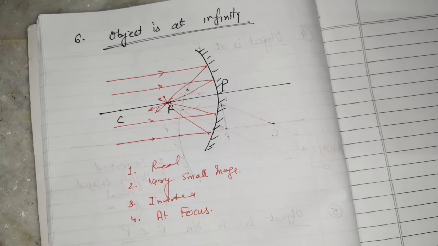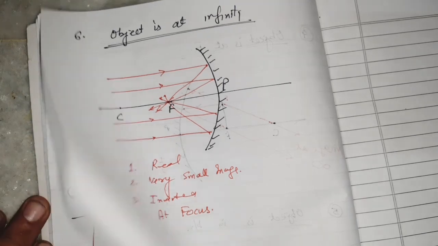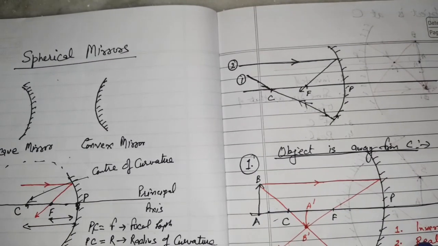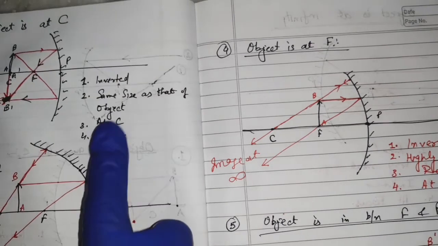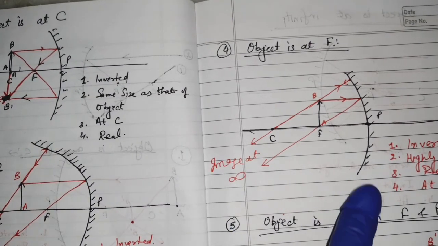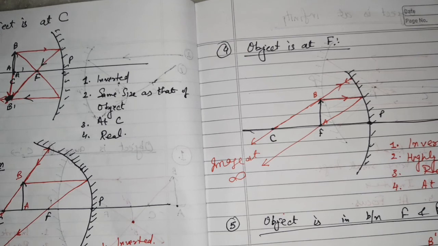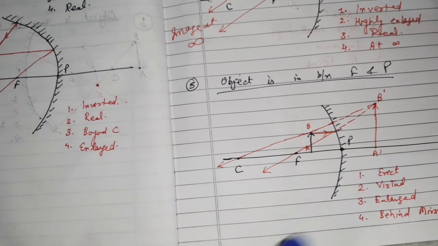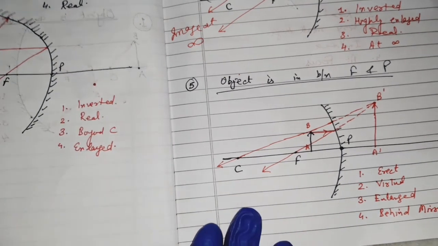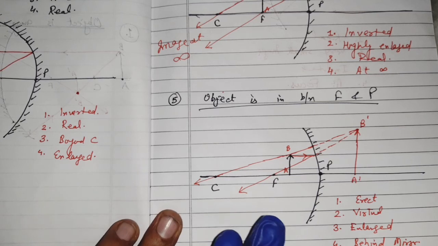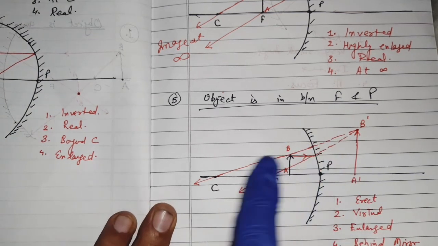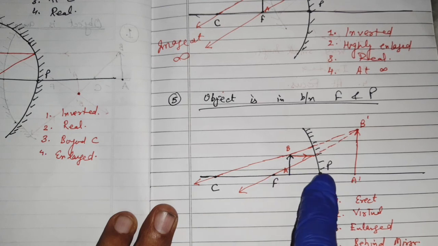So in all these 6 cases, let me clear one more thing. In the first case, the image is real. Second case, the image is real. Third case, the image is real. Fourth case, the image is real. Only in this case is the image erect. So remember, when you solve multiple choice questions, when the image is inverted, the image is real. The image is virtual when the object is between focus and pole.